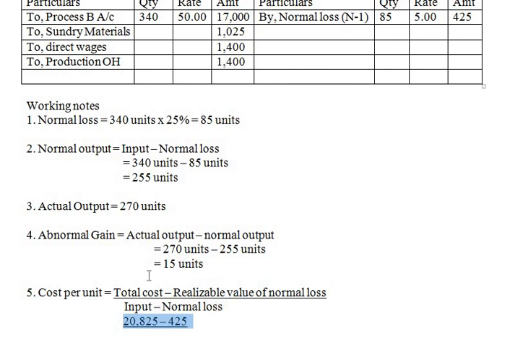Divided by input is 340 minus normal loss is 85.